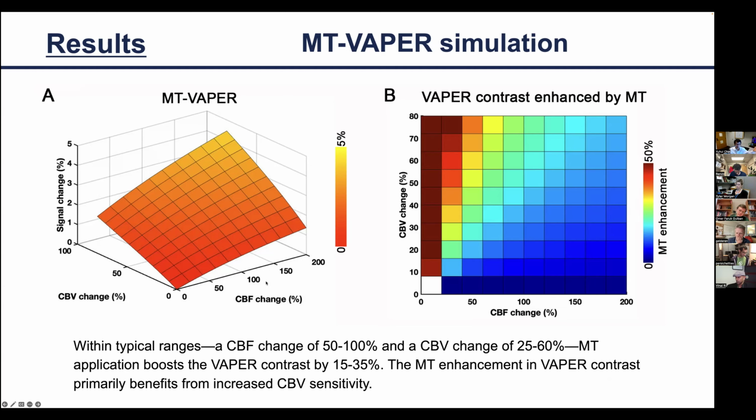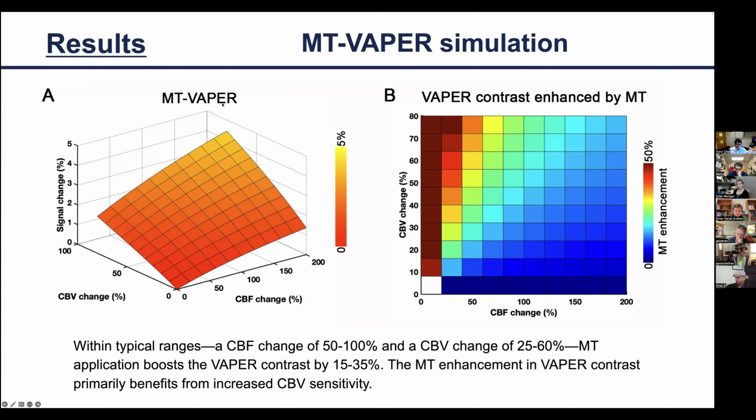So we simulate all those kinds of extreme cases. And generally, the MT VAPER signal change will be in the range of a few percent, and here, for example, in the middle it is probably around 2% signal change. I will show you later that our results match this quite well.